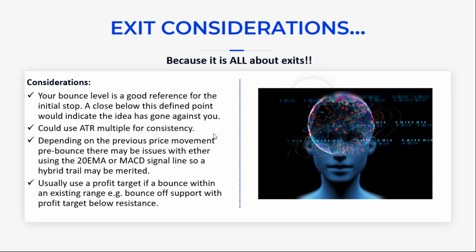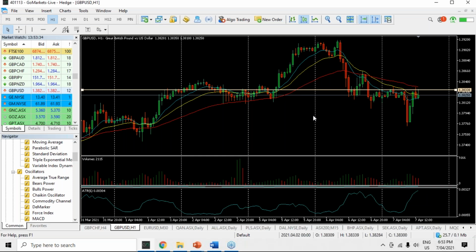Now, the problem is, in terms of trail issues, if we pop back on a chart here, that wouldn't be an issue if we were to go short on this, because it's going to have to come down here, at which point there's the 20 EMA, so we could still use the 20 EMA as a stop.